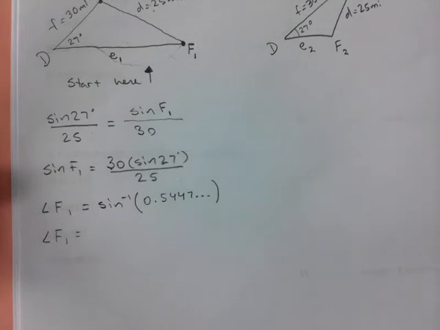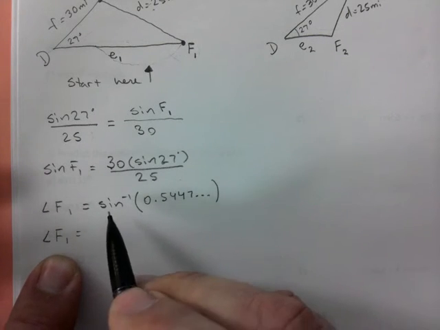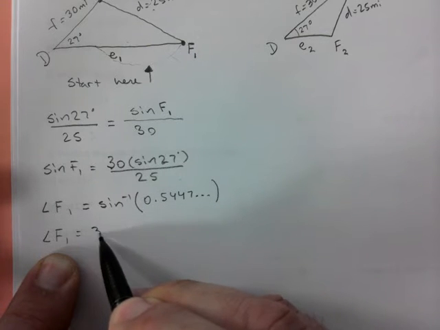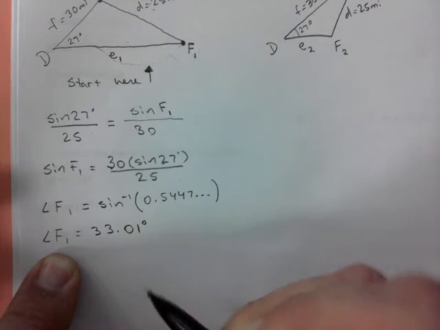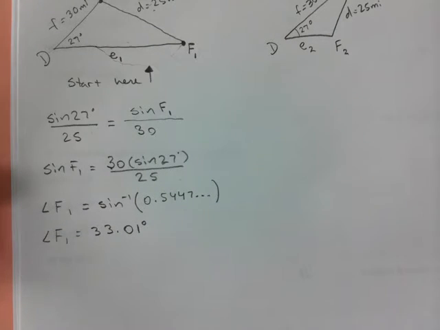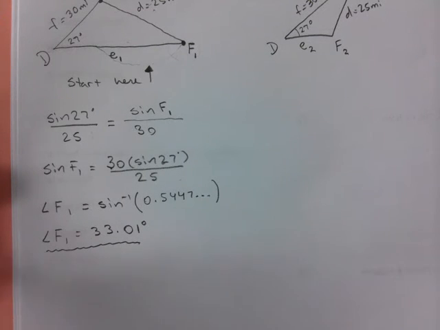So the solving part, you should all be like, yep, I know how to do that. It's the keeping things separate and knowing what to do when that is going to be crucial. So figure that out. And that is 33.01 degrees. I will underline that because that's not really answering the question just yet.